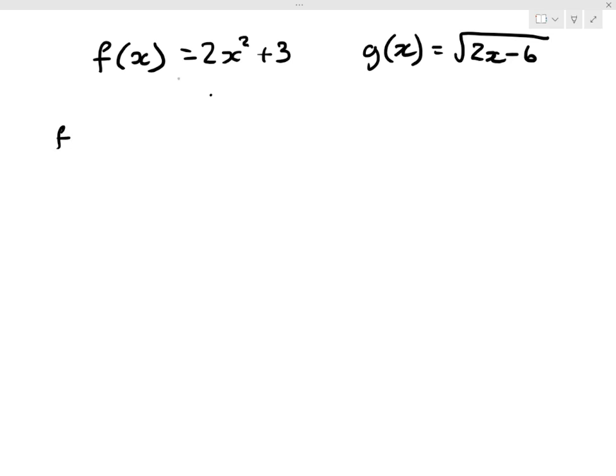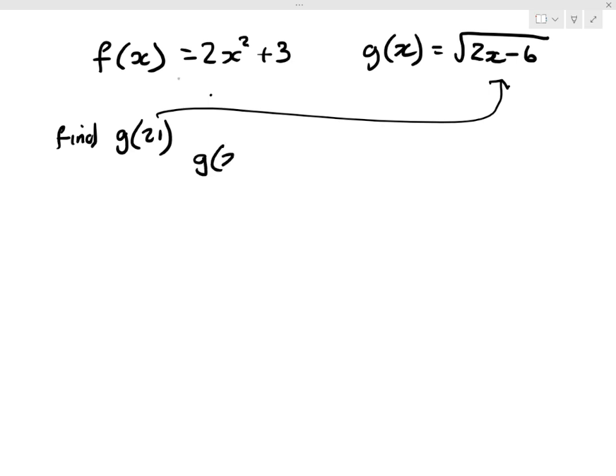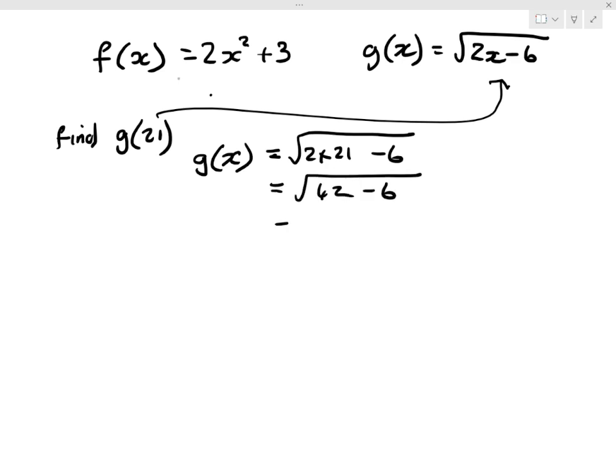So let's find g of 21. First of all, never mind about the f's, just going to put 21 in there. So g of x equals the square root of 2 times 21 minus 6, which is the square root of 42 minus 6, square root of 36, and 6. Okay.